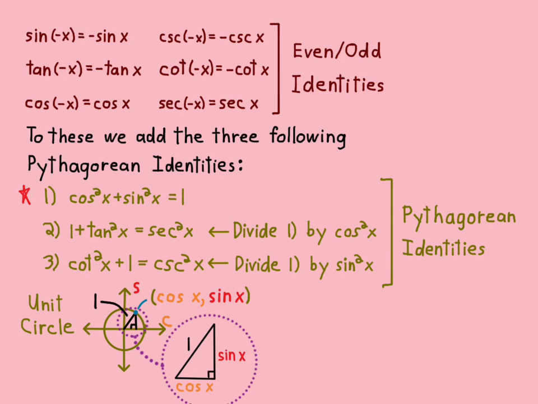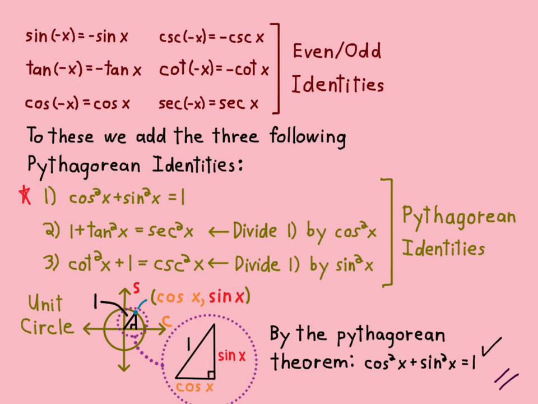It's a right triangle. And so by Pythagorean theorem, sine squared x plus cosine squared x equals 1 squared, which is 1. 1 squared is 1, right? So that's that.